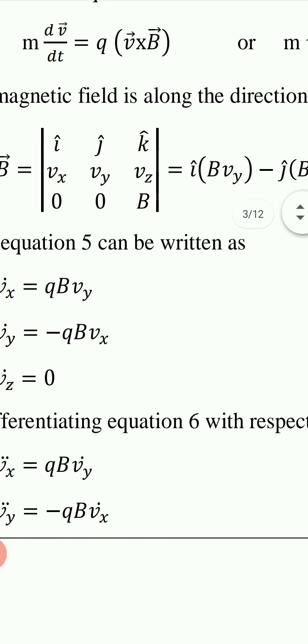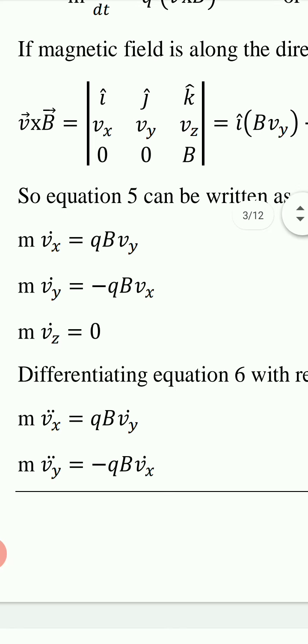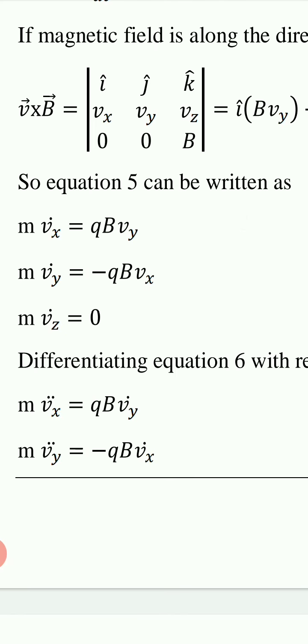In this case, we can write V vector cross B vector as equal to this determinant. Any cross product of two vectors we can determine by using such a determinant. In the first row we write i cap, j cap, k cap, which are unit vectors along x axis, y axis and z axis.